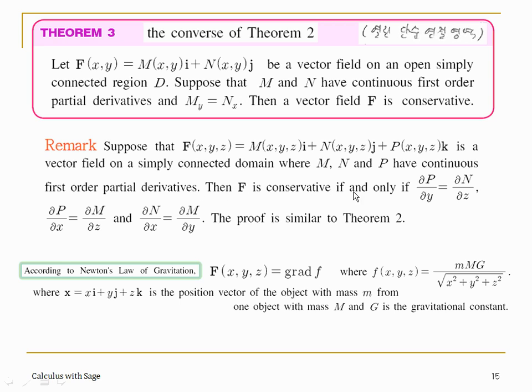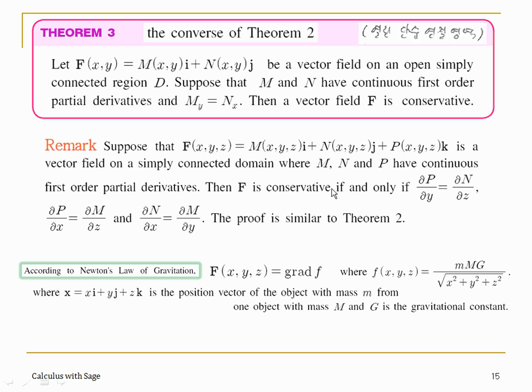Then F is conservative if and only if the partial derivative of P with respect to y is the same as the partial derivative of N with respect to z, the derivative of P with respect to x is the same as the derivative of M with respect to z, and the derivative of N with respect to x is equal to the partial derivative of M with respect to y. So this condition expanded to this for the vector-valued function of three variables.